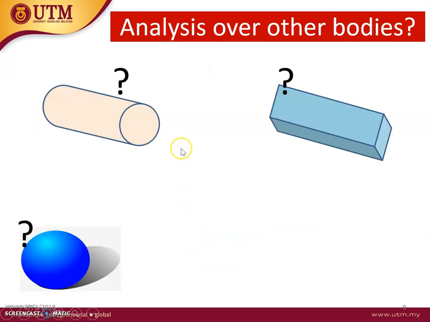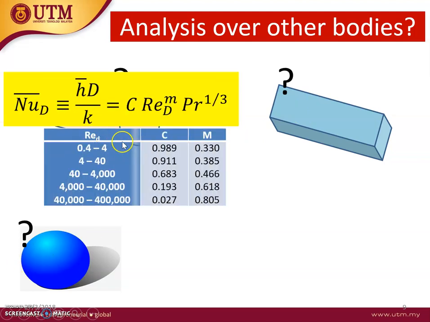How about analysis over other bodies, like flow over a horizontal circular cylinder, flow over a horizontal non-circular cylinder, flow over a sphere? No worries. Yes, for flow over a circular cylinder, there is the equation.